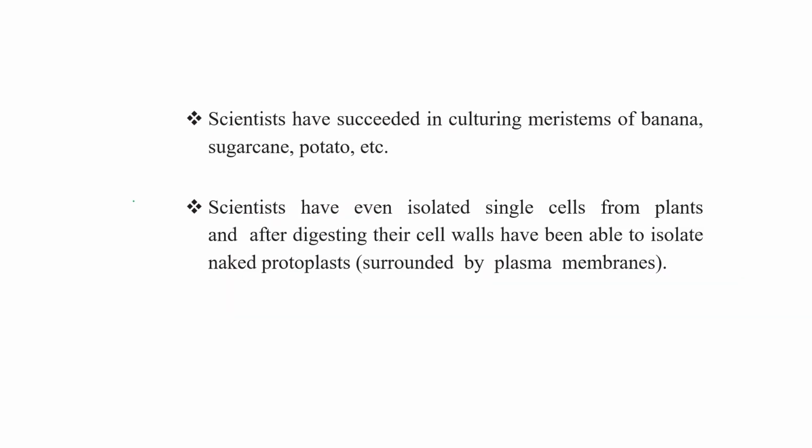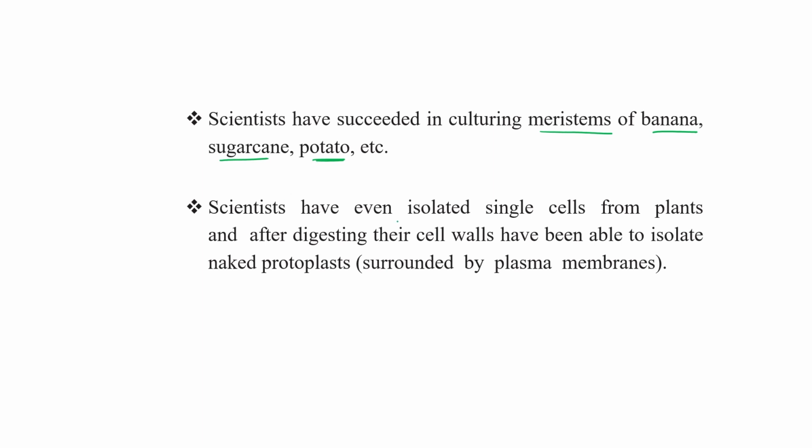Okay. Now, with the help of this type of tissue culture technique, scientists have been culturing so many meristems of various plants like banana, sugarcane, and potato. Fruit or vegetable or crop, we can say, important plants.